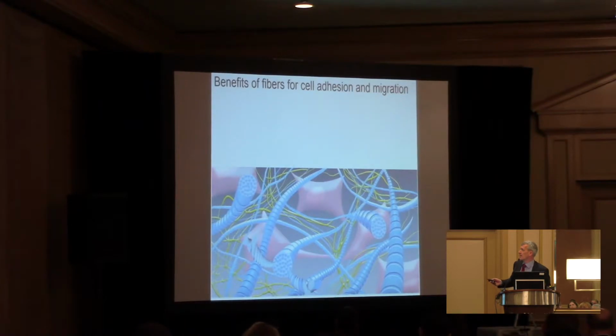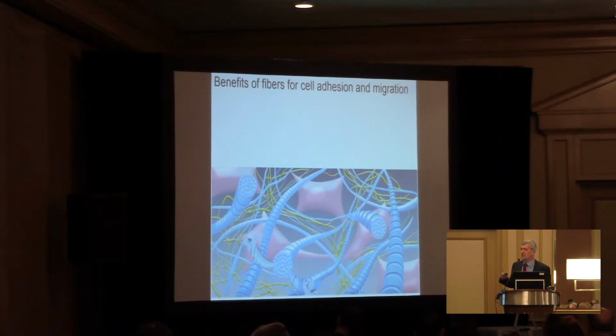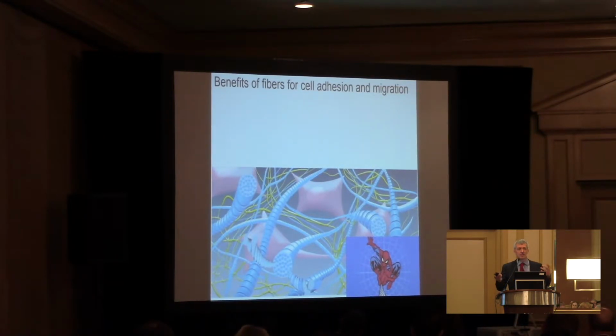Now, when we put a gel in the body, what we want essentially is for the cells to be able to adhere and migrate through the material so that they can proliferate and lay new extracellular matrix and start the regeneration process. So cell migration is important, and as in Spider-Man, you need something to grab on to be able to migrate through the material.